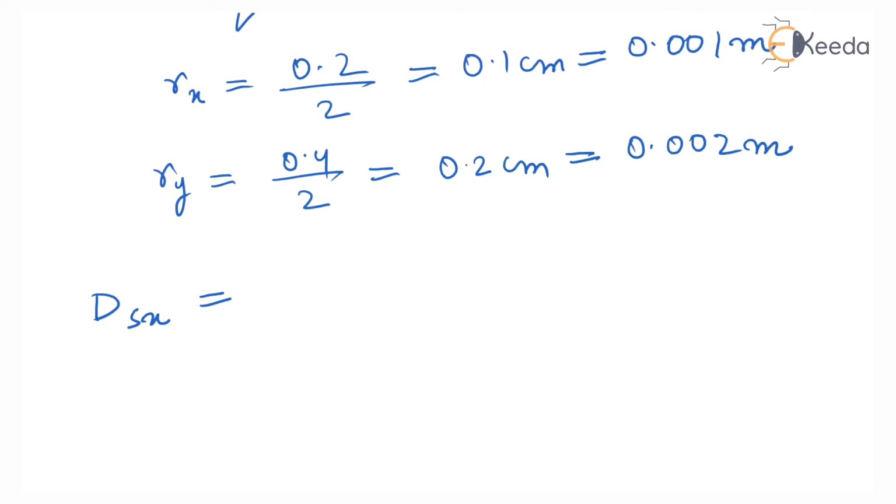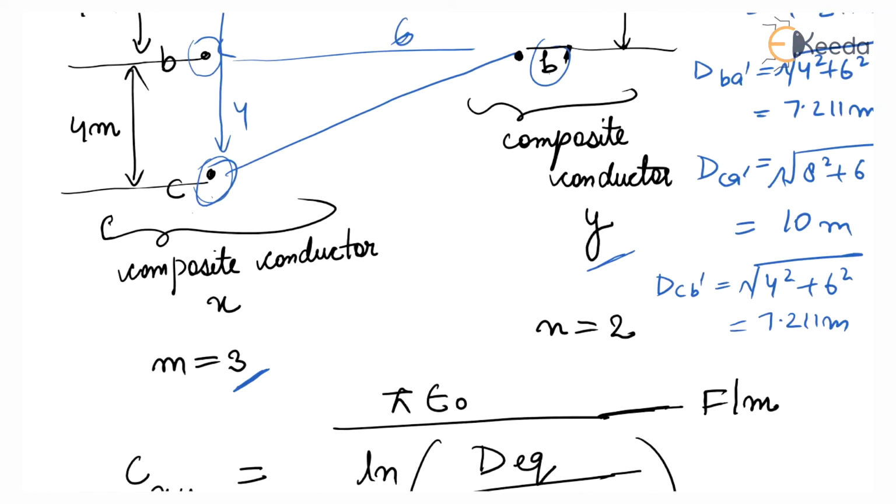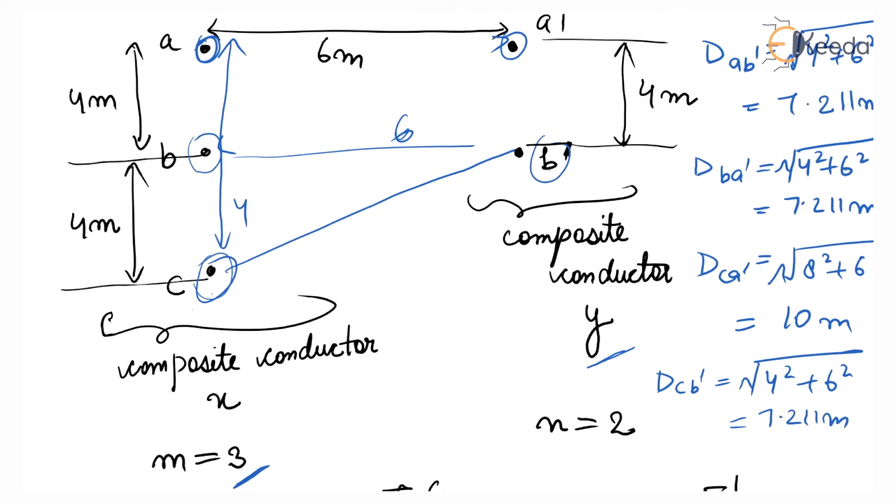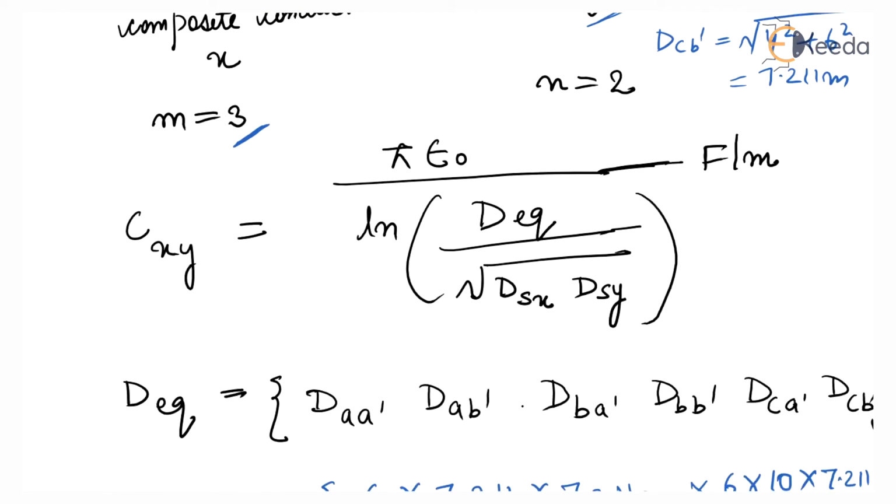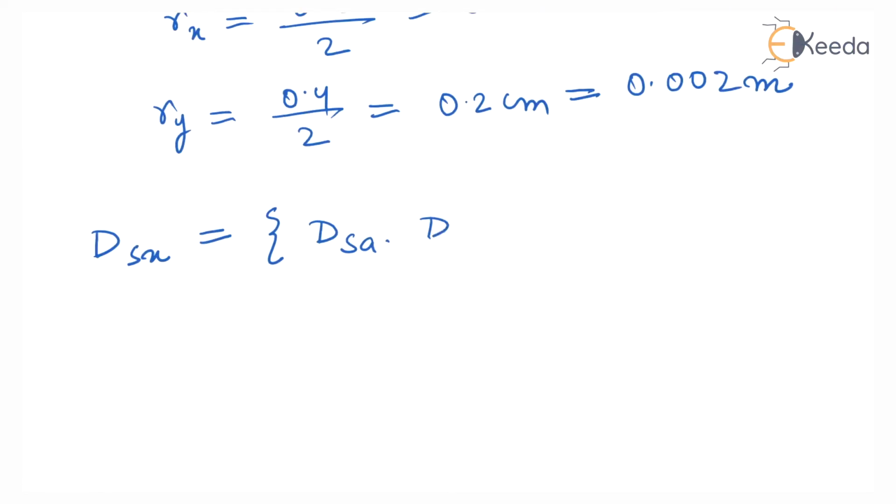Now we have to find out the self GMD for conductor X. So this is equal to SA into SB into SC to the power 1 by 3.